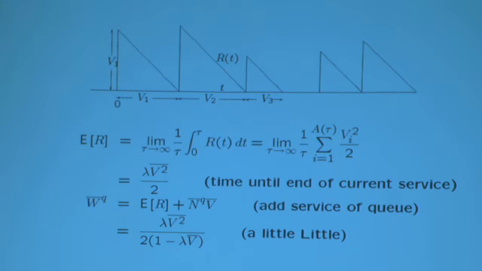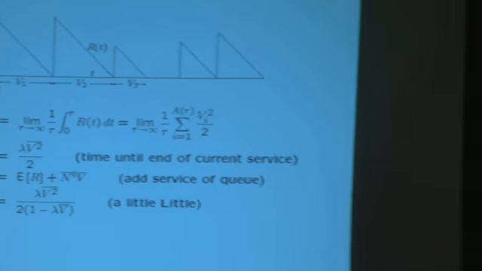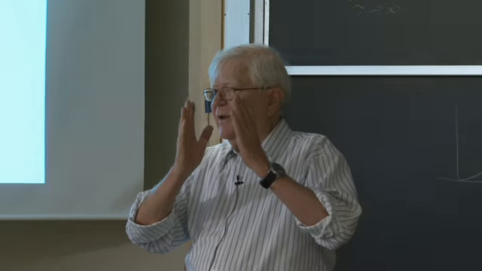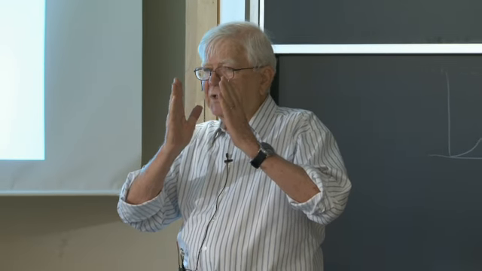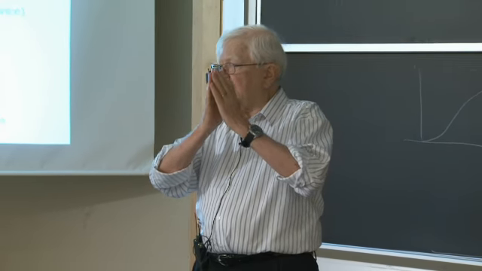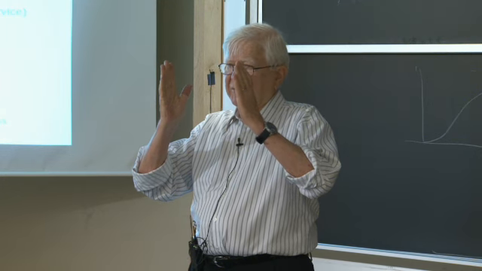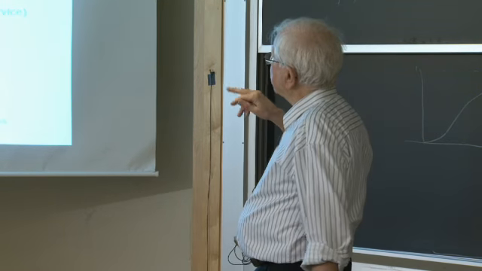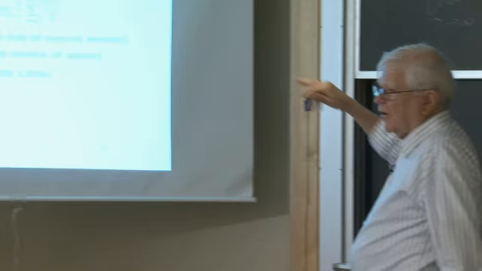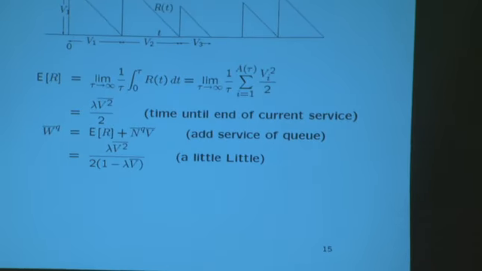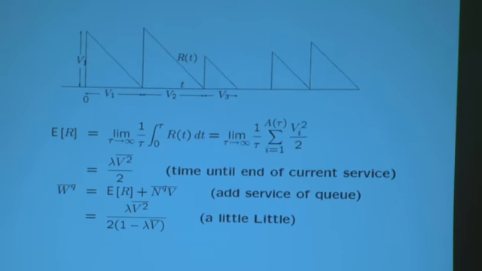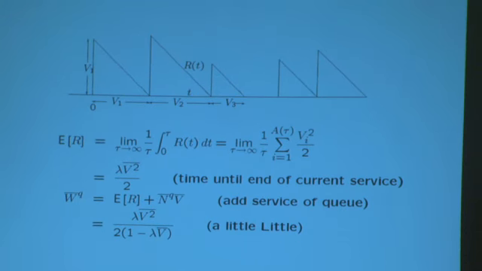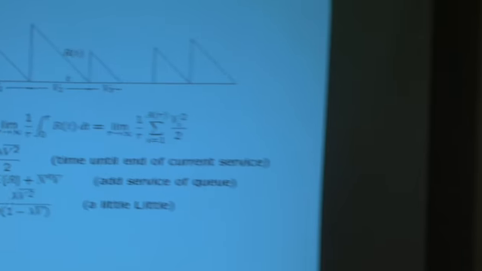Well, you have 2 components of time you spend in the queue. If you arrive when the server is busy, you're going to have to wait this residual lifetime, which is the expected value of R, which is residual life. The other thing you're going to have to wait for is for every customer in the queue to be served.